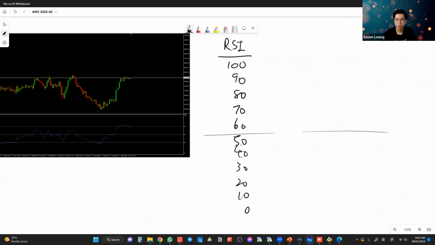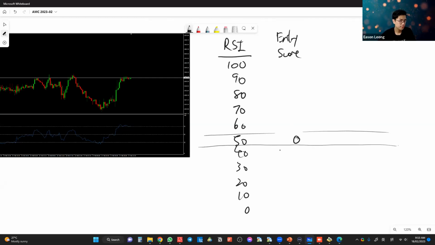At 50, this is what we call the center. When it is at the center, the score for entry is 0. And the score at 60 is -2, meaning the higher it goes, the better the chance to sell. Correct?